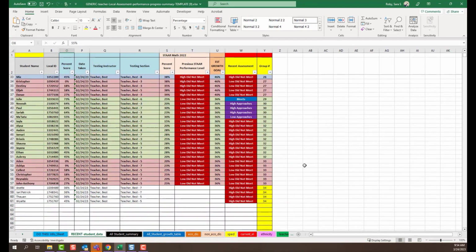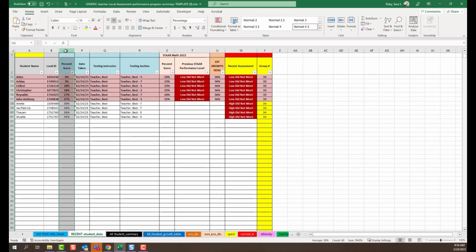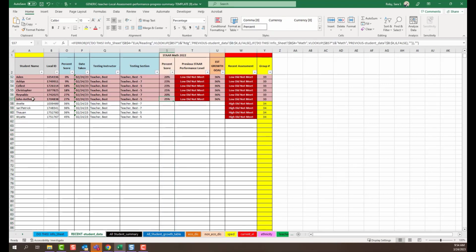So 33, here we go, down here at the bottom. Okay, so I did open up this column for the test that we just gave, the percent score. And then you have their percent score from STAR last year. So for example, I've got John Anthony here.